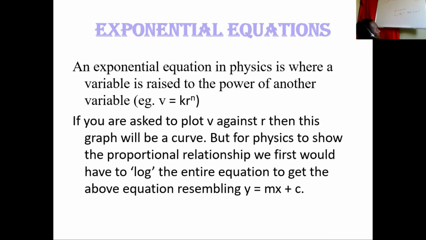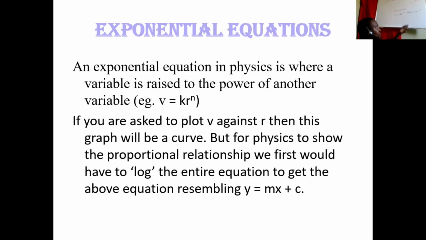So it's impossible, by using this equation alone, to plot this graph and get a straight line. The only way you will get a straight line is if we ask you to plot r to the n power. So r to the n would be equal to the x. But if it's just r, then you will not get a straight line.